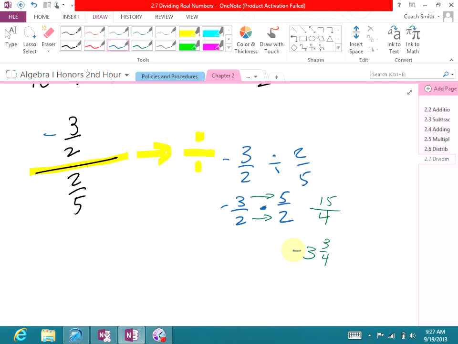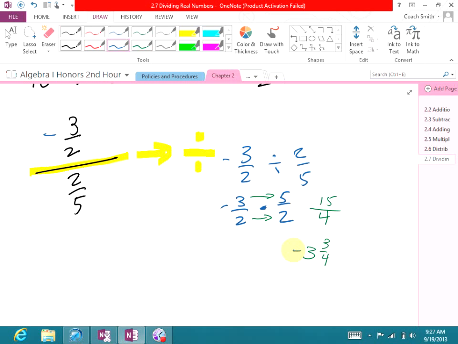It just affects the answer. And the only time it affects the answer is when there's one negative sign. That's the good thing about division and multiplication. Realistically, the only time your answer changes is when there's one negative sign. All the other times, it's still a positive. Whether you have two positives or two negatives, it's still a positive.